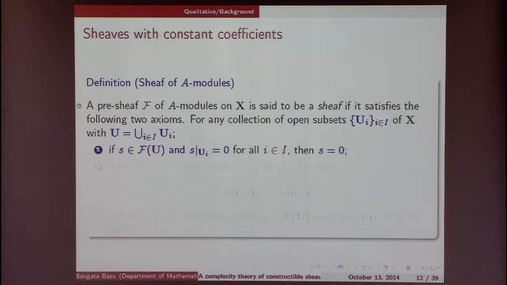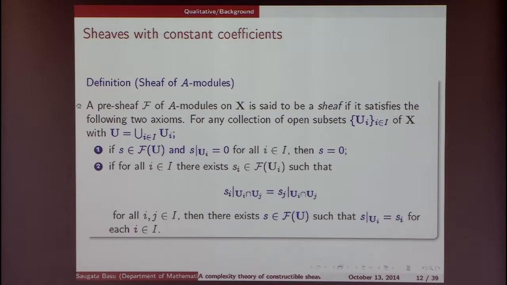Maybe I said it with one of them equal to 0, but that's equivalent. And this global property, namely that for such an open covering, if you have sections over each of the U_i which glue together properly, namely they restrict to the same sections on all pairwise intersections, then there indeed exists a global section which restricts to those s_i. So a sheaf is a pre-sheaf that satisfies this.